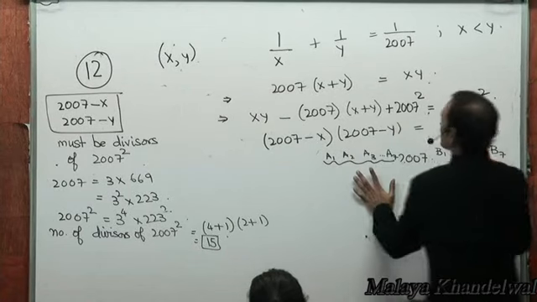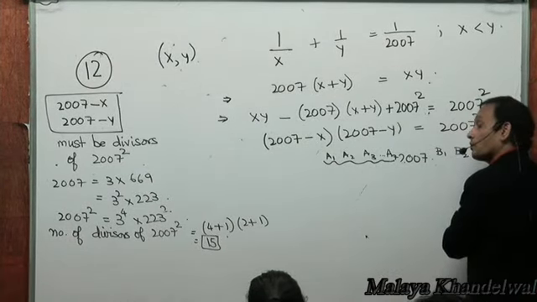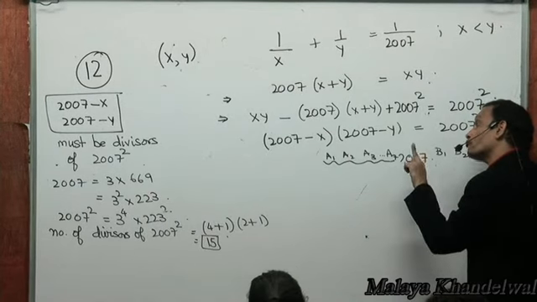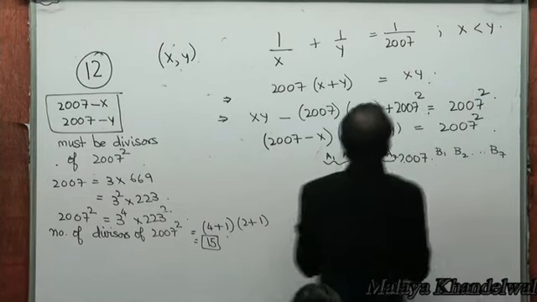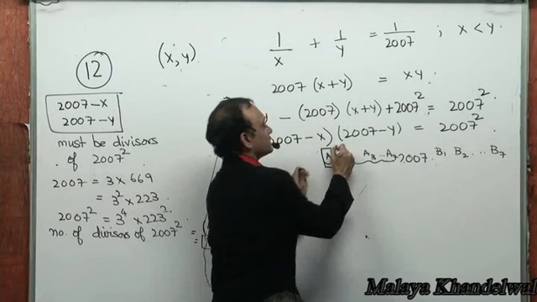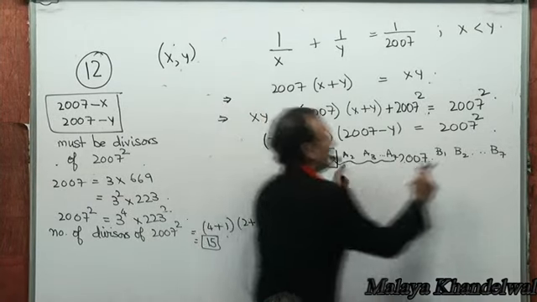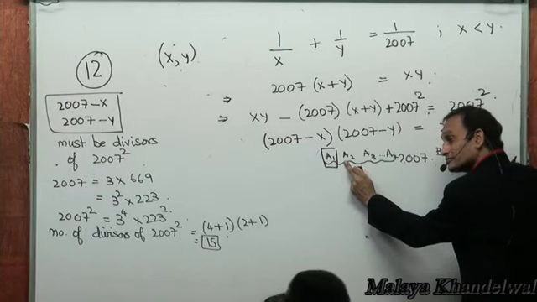So I want to express 2007 squared, whose factors are all these, as a product of unequal numbers. What I could have done is select A1 as one factor and the product of the rest as the second one. That's one way.